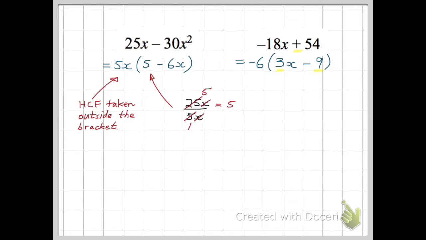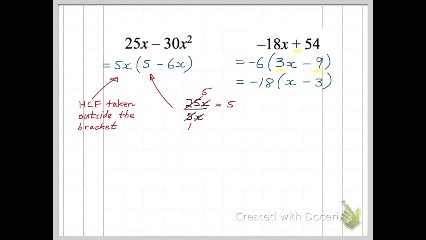I missed the fact that 3 is a factor of both of these terms inside the bracket. Should I start again? No, not necessarily. All I have to do is multiply the negative 6 by 3 to get negative 18, and then each term I divide by 3. So 3x divided by 3 is x. Negative 9 divided by 3 is negative 3.